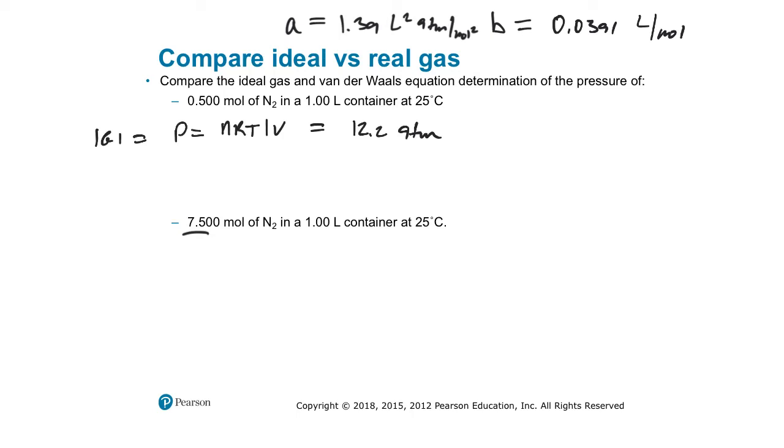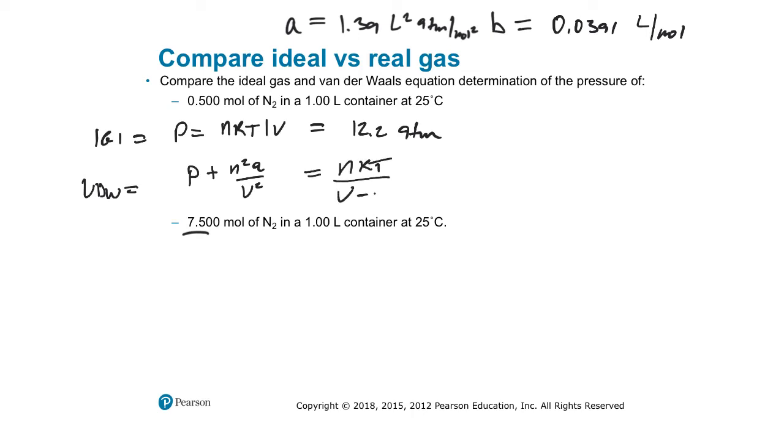Then we can calculate the pressure using the van der Waals equation. We have the pressure plus n squared a divided by V squared, times V minus nb, equals nRT.